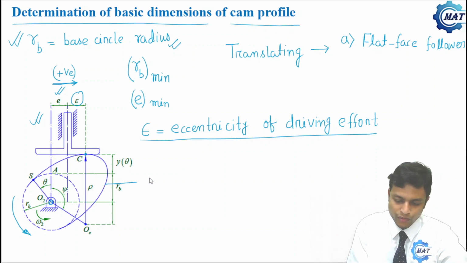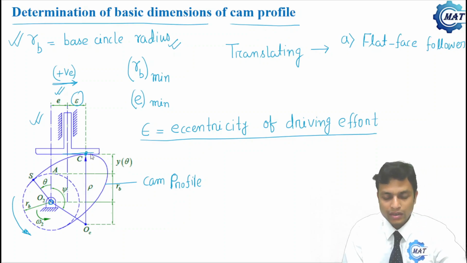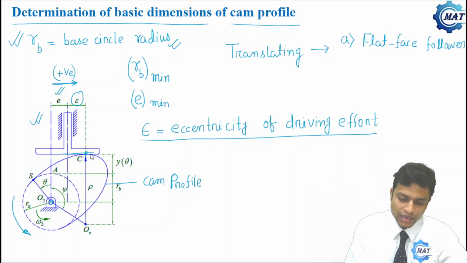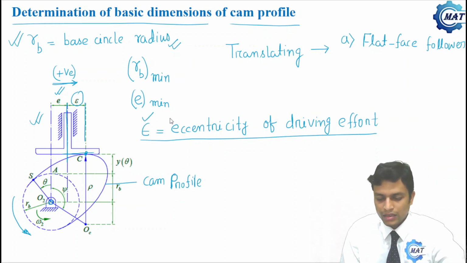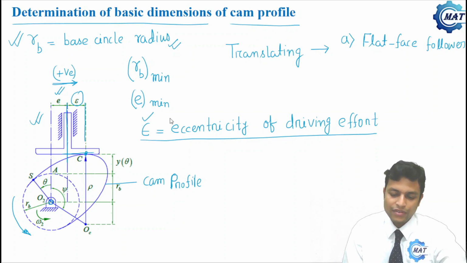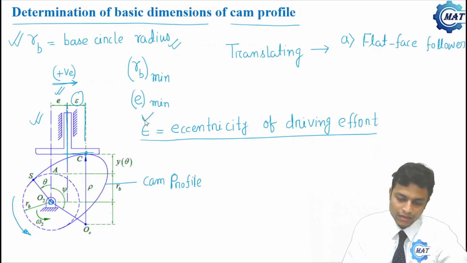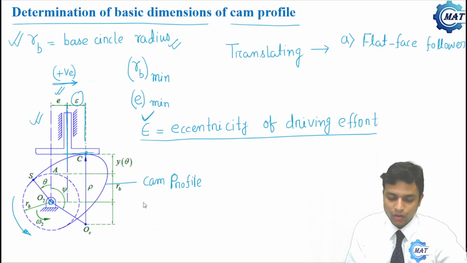So this is the cam profile, and this is the follower. So C is the contact between cam profile and follower, and this distance, that is the distance of C from the axis of the follower, is epsilon, which is called eccentricity of driving effort.